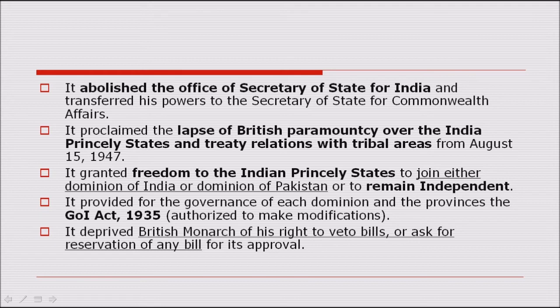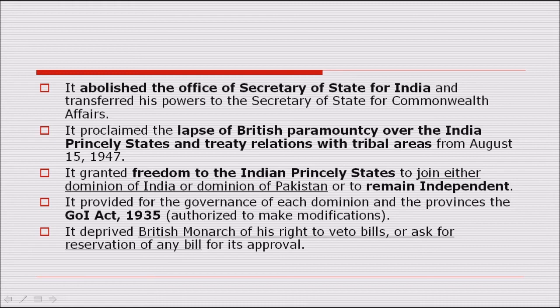Now this is a very important point: it proclaimed the lapse of British paramountcy over India, and they gave the option to the princely states and tribal areas to remain independent, or to join either the dominion of India or the dominion of Pakistan. This particular provision was very dangerous during that time, because it provided for the disintegration of India into small parts.